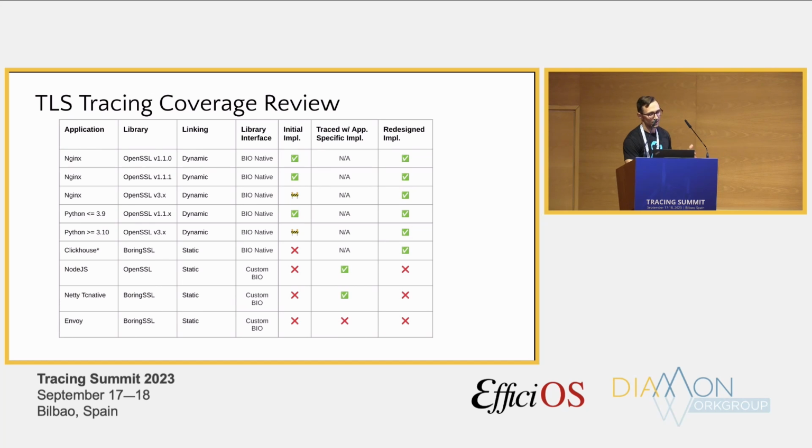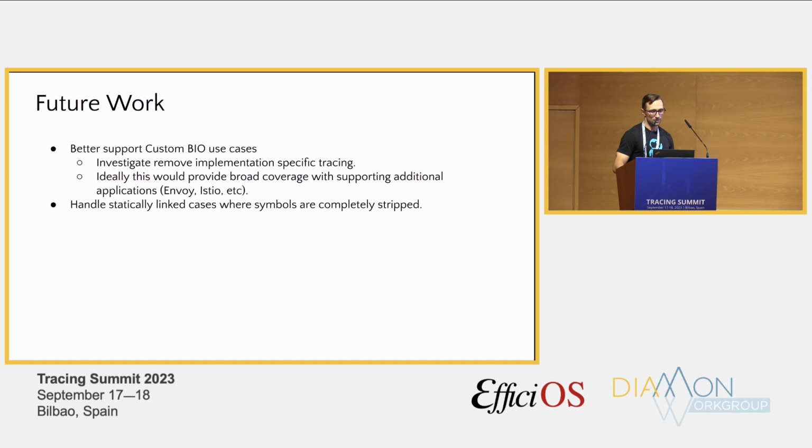This is an area where I see a lot of potential for us to engineer a solution that would be more maintainable and also give us broader coverage if we can handle these custom BIO cases in a better way. So looking to the future, we want to better support custom BIO use cases.